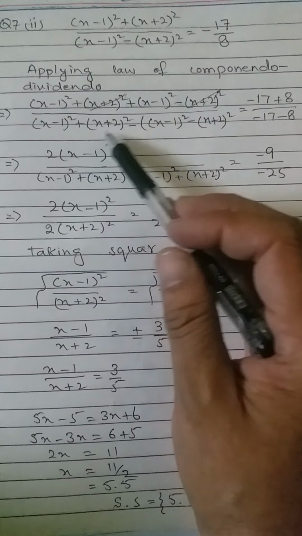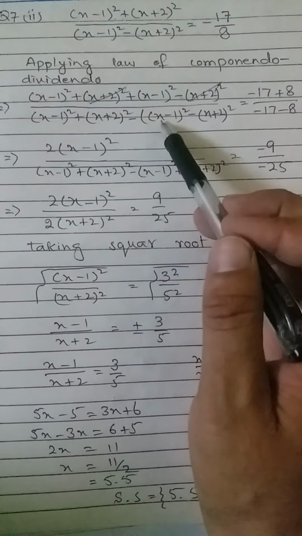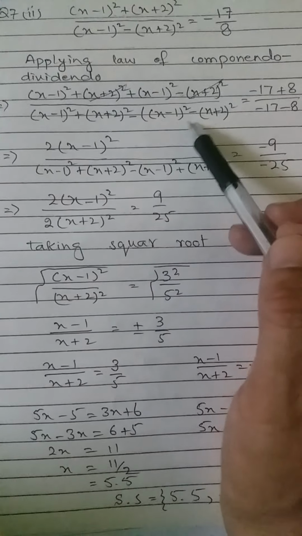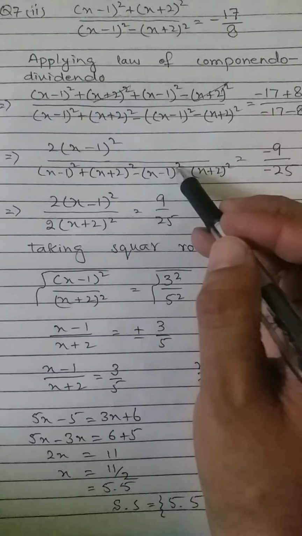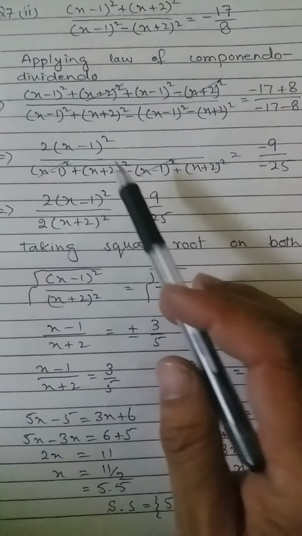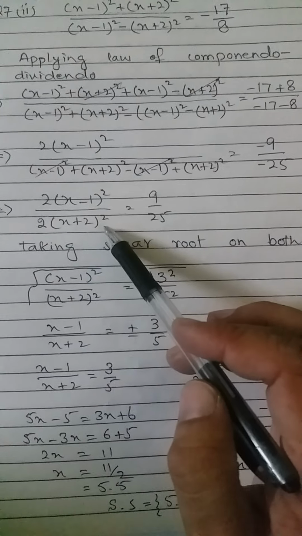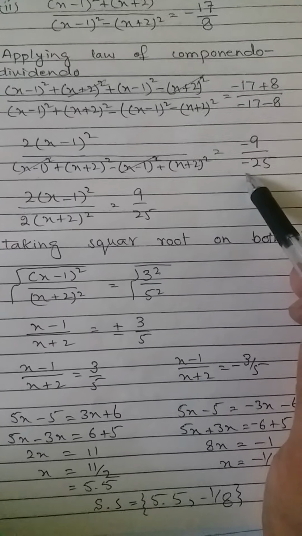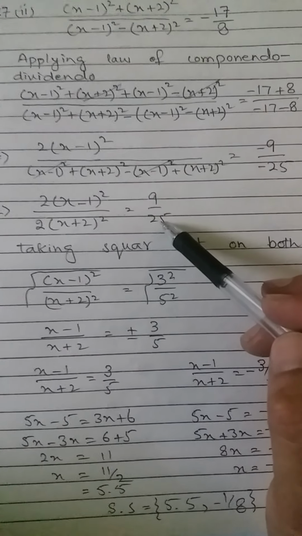Now we apply minus sign on this bracket, so it becomes minus, and minus into minus is plus. Then these two values cancel with each other, and they give us 2 into x plus 2 whole square is equal to, now minus cancels with this minus, so 9 by 25.